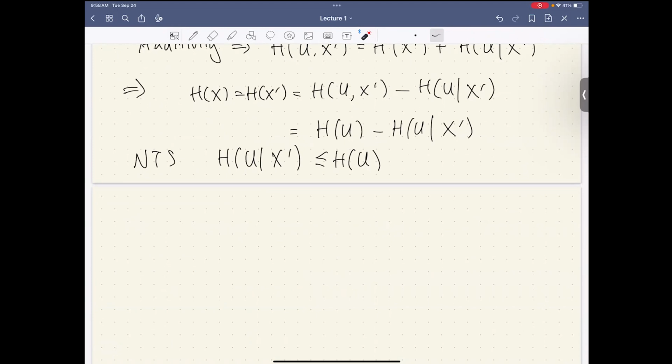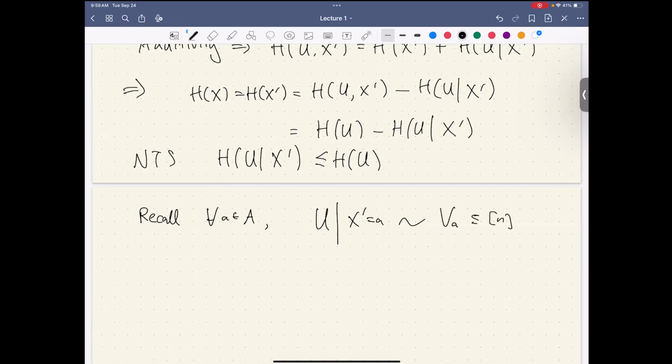Well, recall, for each A in A, if we know X prime equals A, then this conditional random variable is uniformly distributed over VA. This is one of the properties we mentioned above, right?